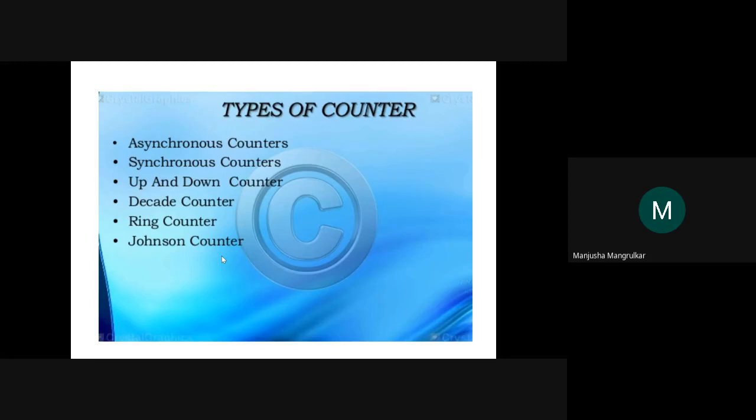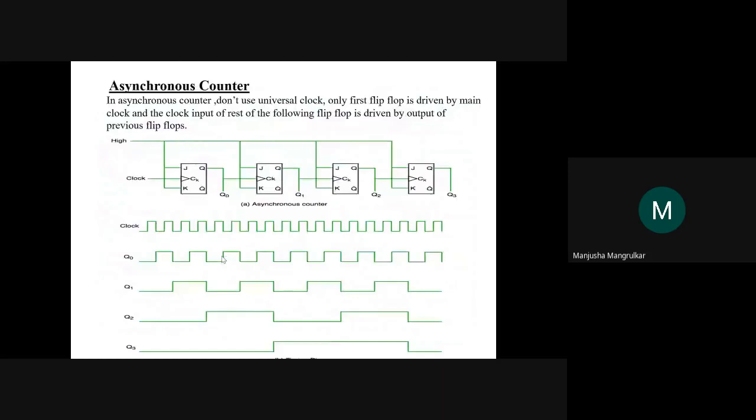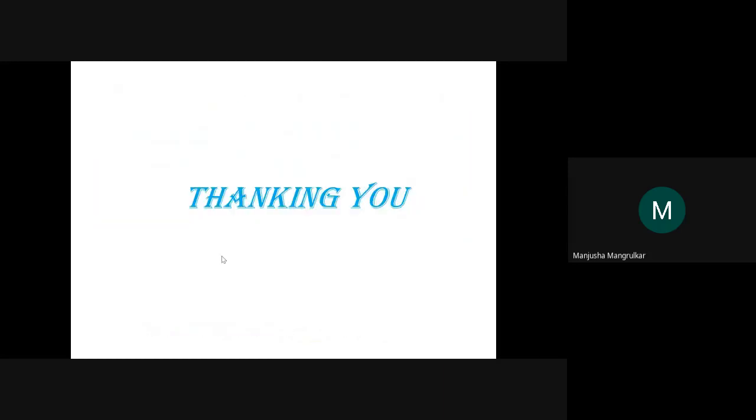This was just the introduction: how the counter works, what the classification of counters is, how the waveforms are generated using synchronous and asynchronous counters, and the basic difference between the synchronous and asynchronous counter, right? So next lecture we will conduct the designing of counters, right?